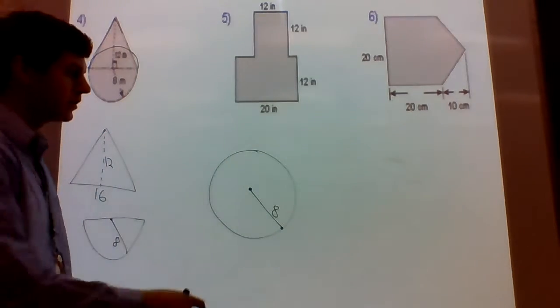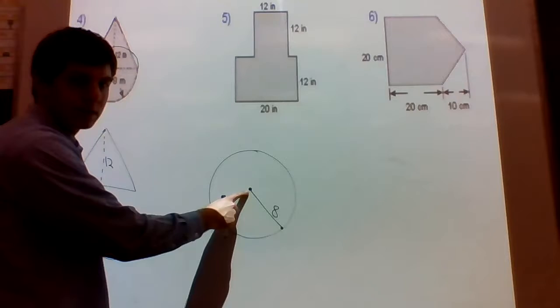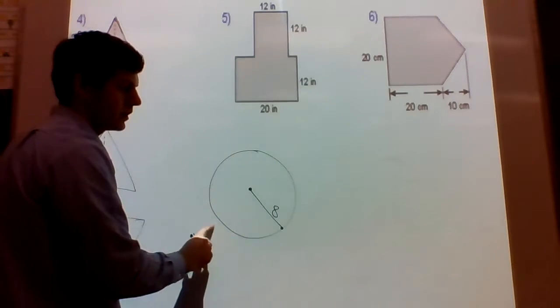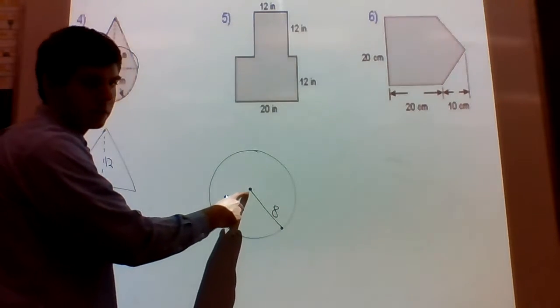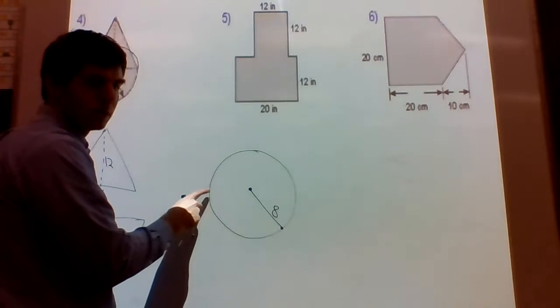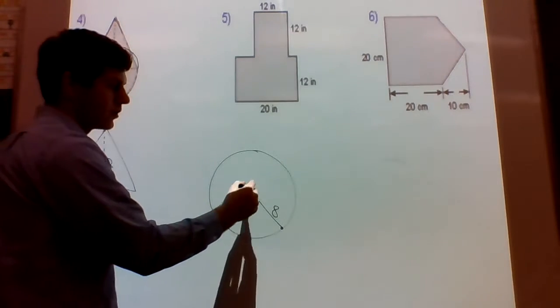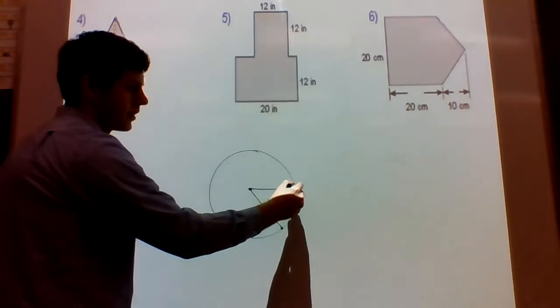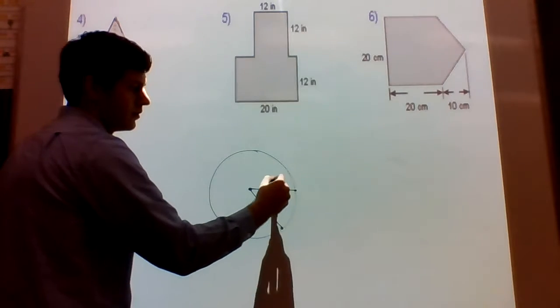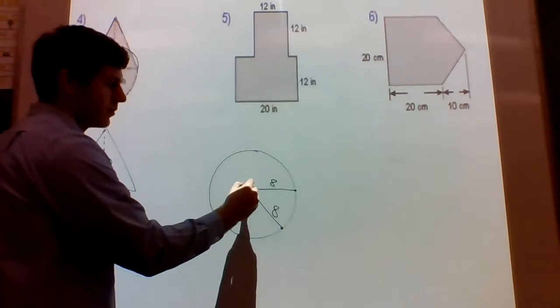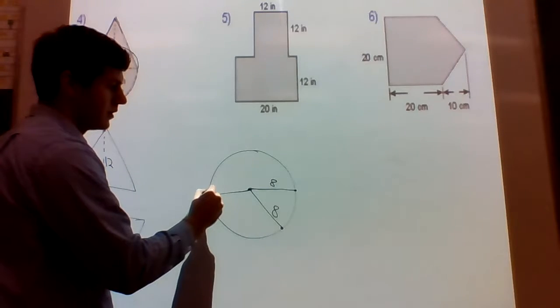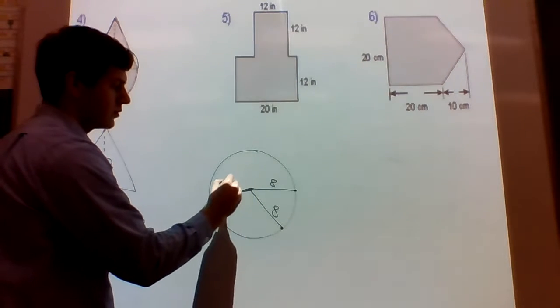It doesn't matter where the radius is, right? If we have a point at the center and any point on the circle, that's how we define a radius. It goes from the center to one of the points on the circle. That's what a radius is. So if we go from the center to here, that's going to be 8. If we go from the center to here, it's also going to be 8.